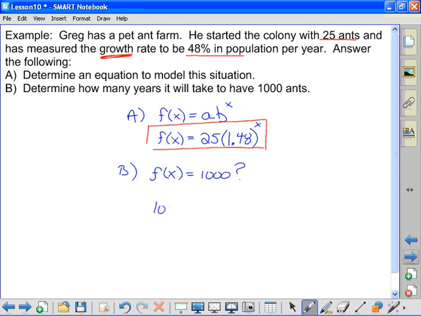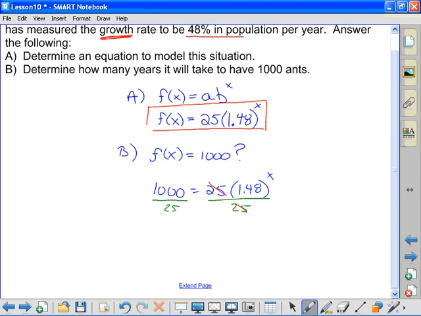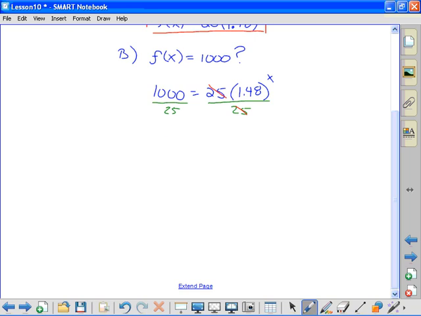So we have 1,000 equals 25 times 1.48 exponent x. Again, I would still recommend dividing by 25 on both sides. I think it's a more simple approach to the solution. So we end up with 40 equals 1.48 to the exponent x.